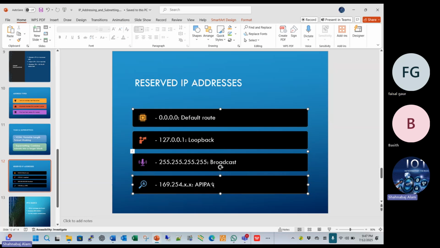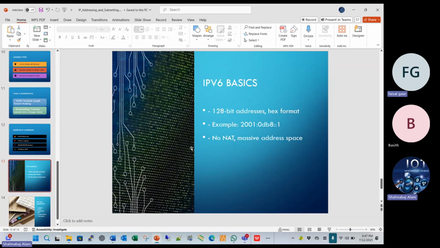If you connect the laptop to a network where there is no DHCP configuration on the switch or router, you will get this APIPA IP address automatically on your laptop. If you get this format, you will understand that it is APIPA. Where DHCP is not configured, the APIPA address will be assigned to the laptop automatically.